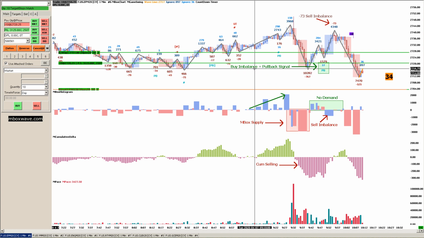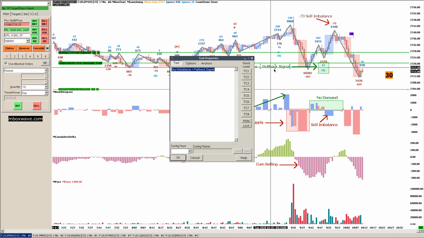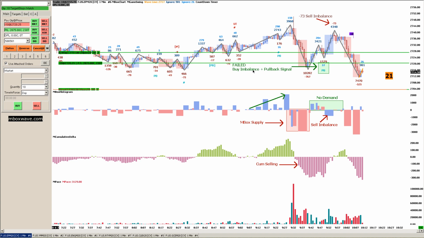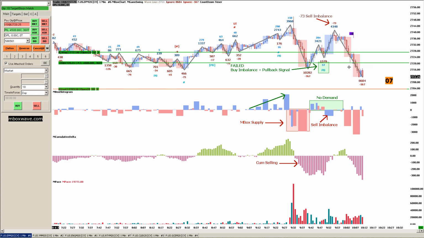So this became not just a buy imbalance and pullback signal, it became a failed buy imbalance and pullback signal. All right, so this actually becomes bearish.